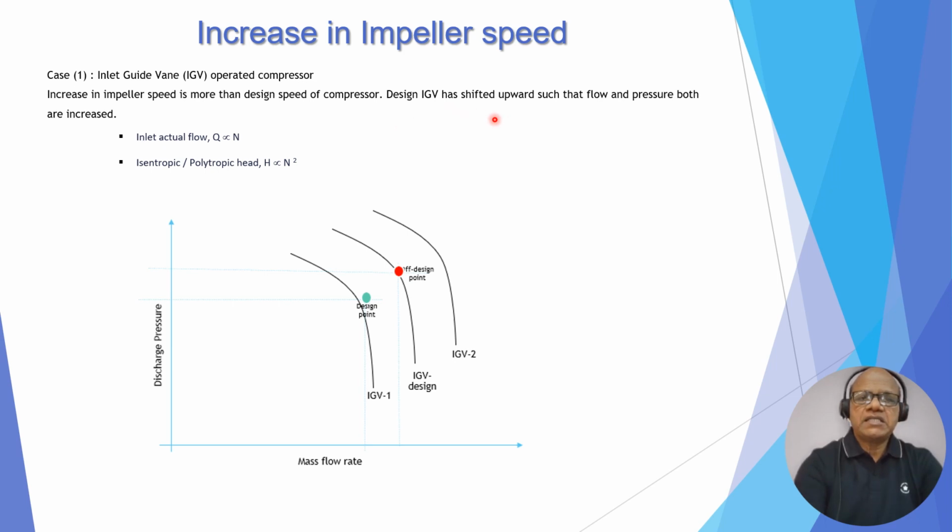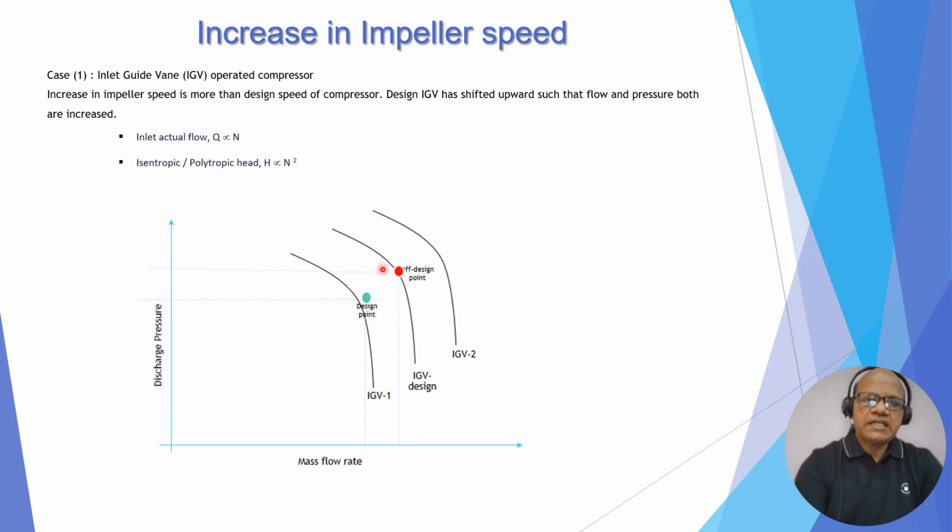Design IGV curve has shifted upward such that the flow and pressure both have increased. You know this formula: Q is proportional to N, H is proportional to square of N. If you look carefully at the same graph, X is mass flow rate, Y is discharge pressure. This was the earlier design point, and this IGV design curve was somewhere here.